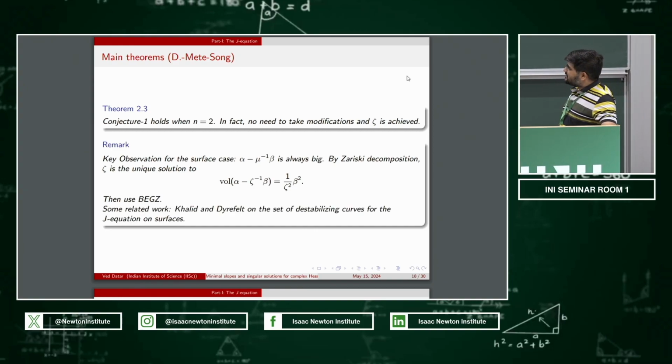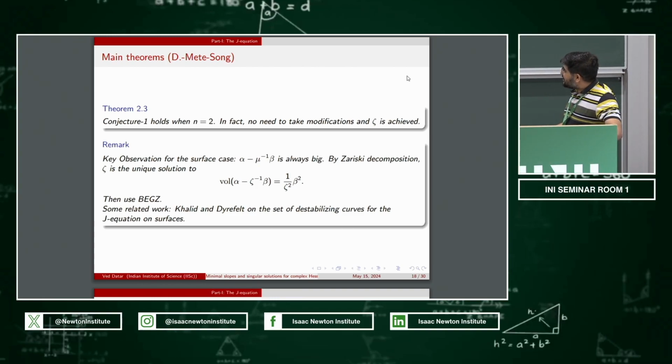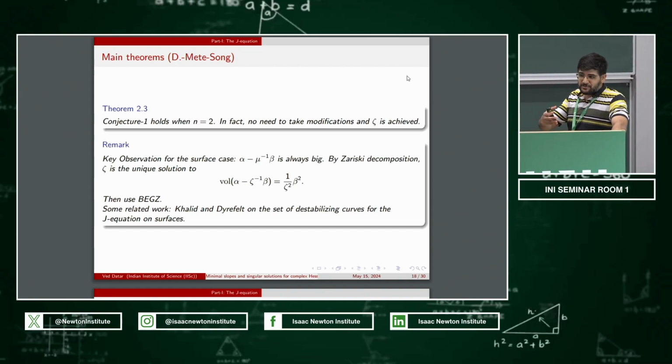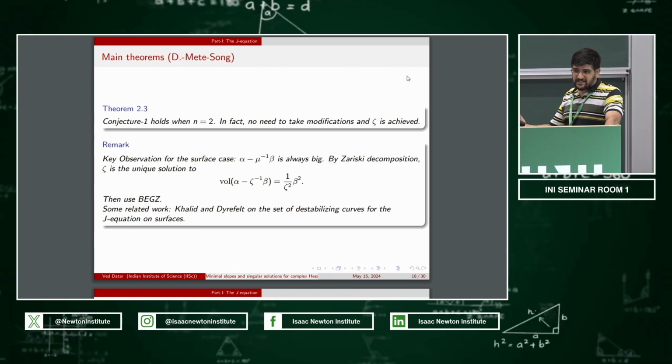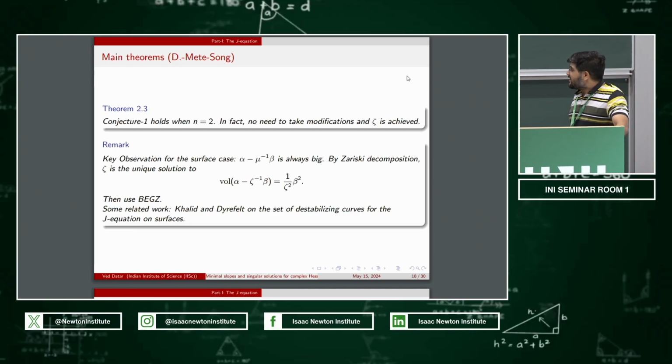And I should mention that there's also some related work due to Khalid and Dirichlet on the set of destabilizing curves for the J equation. The point of their paper is to understand whether, to check whether something is unstable or not, you only need to check a finite number of conditions.